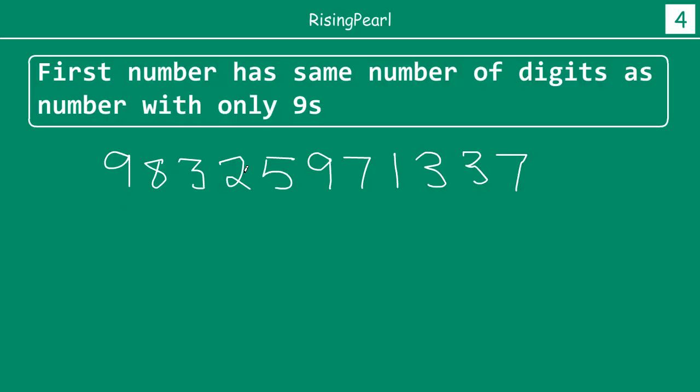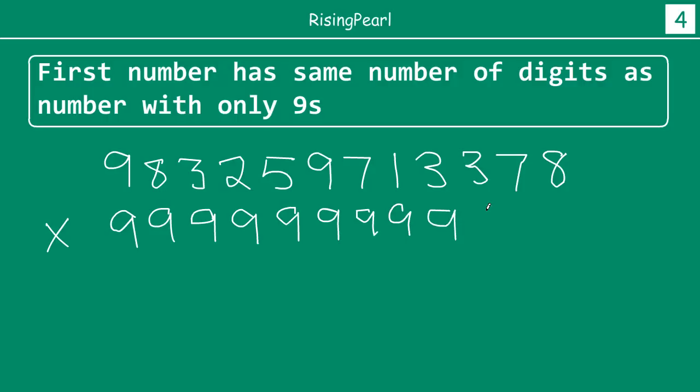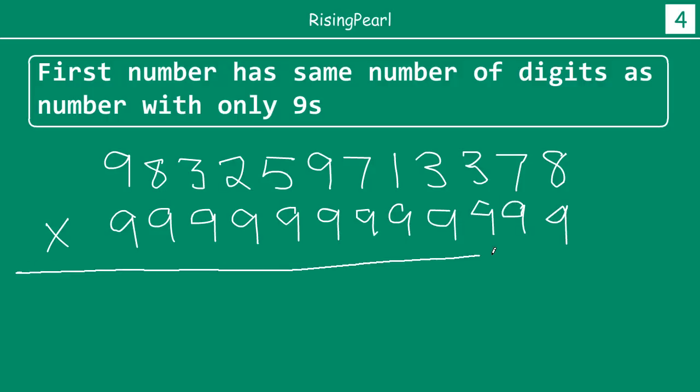So there are 12 digits here, and we're going to multiply this, as you can imagine, by 12 nines. 9, 9, 9, 9, 9, 9, 9, 9, 9, 9, 9, 9. Let's just make sure we got this correct. So here what we have is a big number, 12 digits, 12 nines.